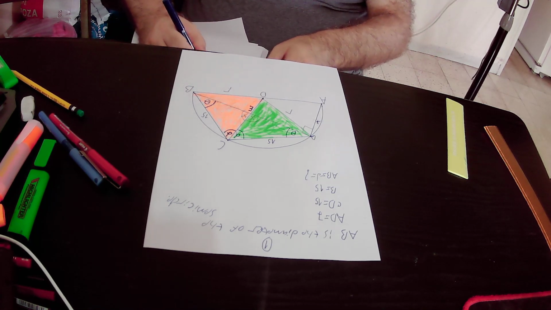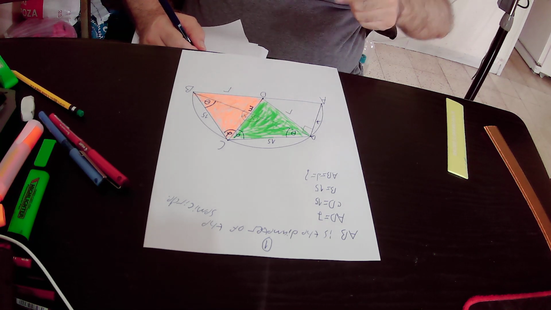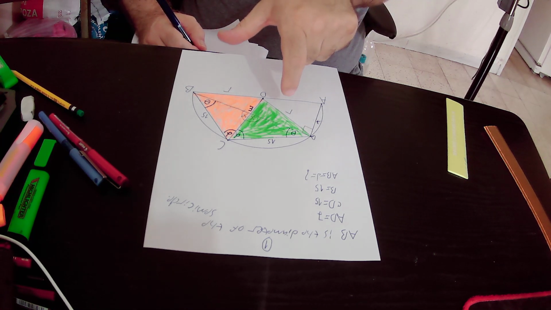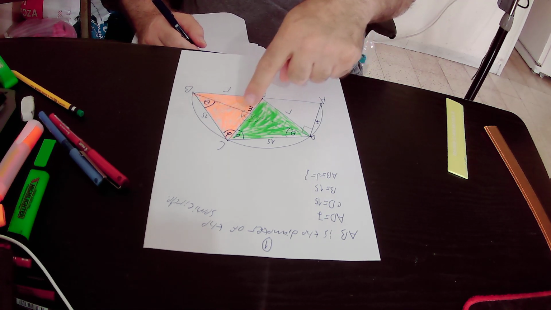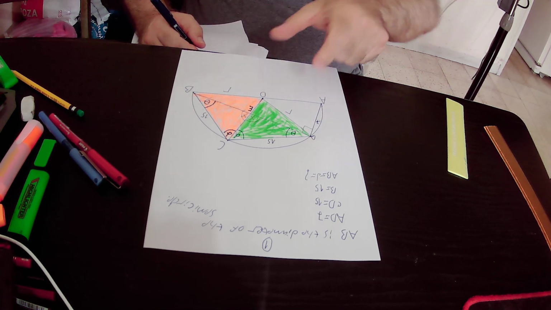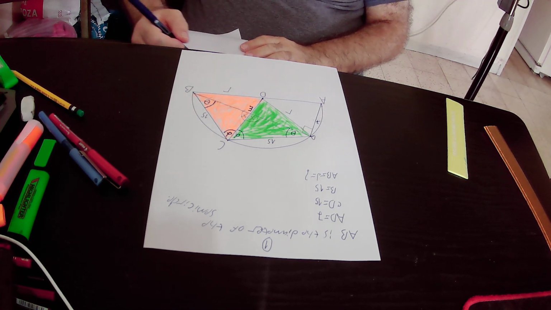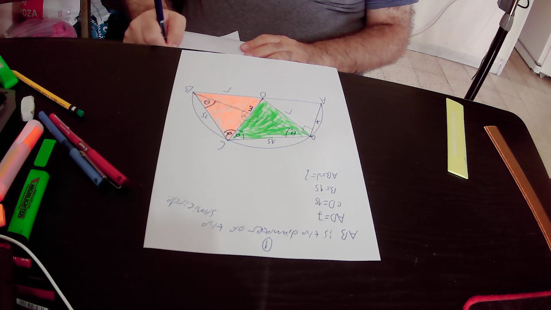But what is the size of angle DEB? We can say that the size of angle DEB is also equal to x plus x. From the other side, the size of angle DEB also equals 2x.